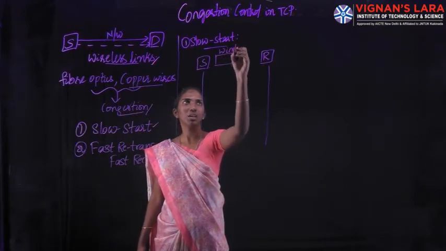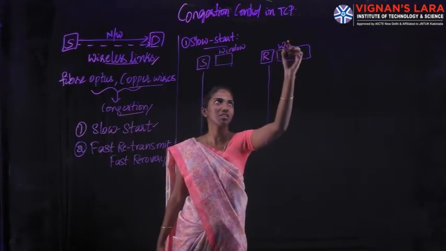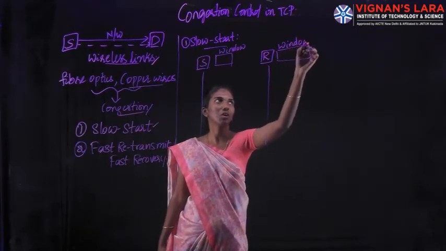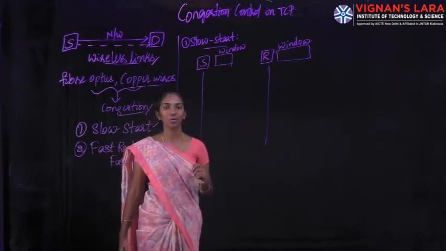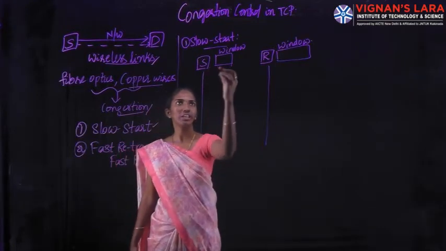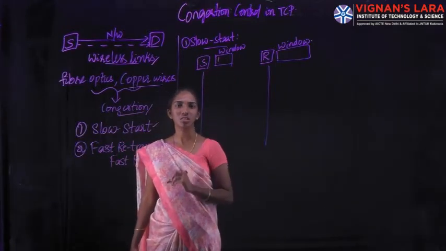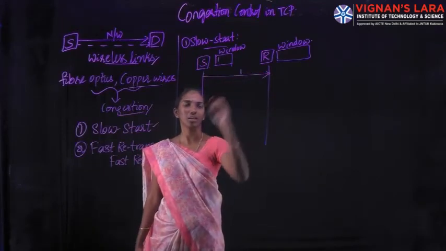That means how many packets need to be transmitted at a particular instant is decided by this window. Okay. For every sender and receiver, there is a window which indicates how many packets need to be transmitted over the network, right? So initially the congestion window size is 1.